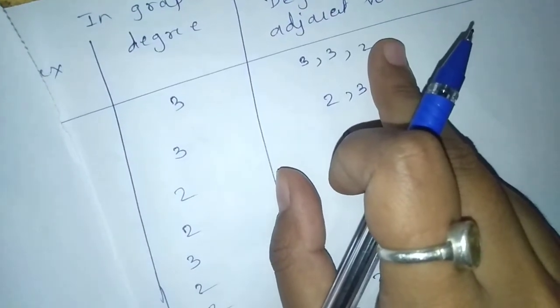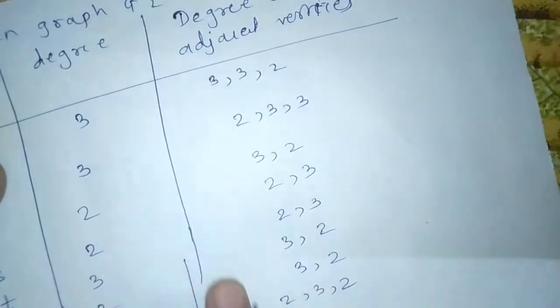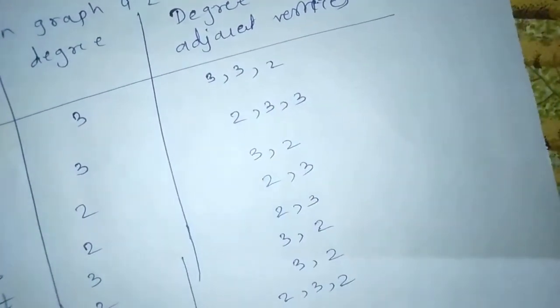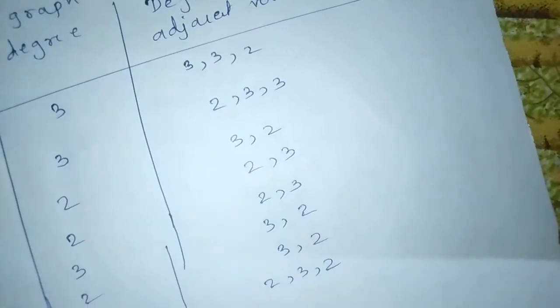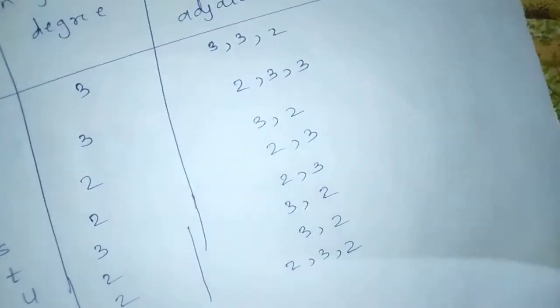So 3, 3, 2 does not exist in graph G1. So these two graphs are not isomorphic.